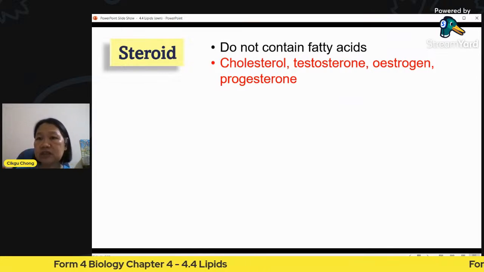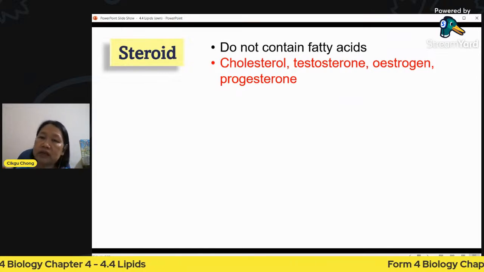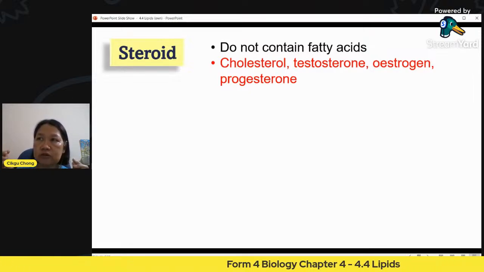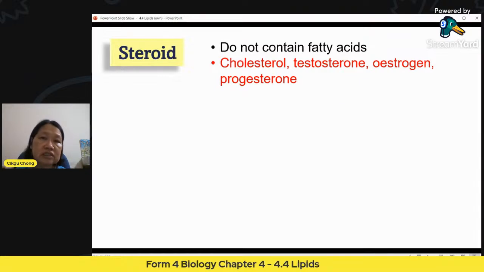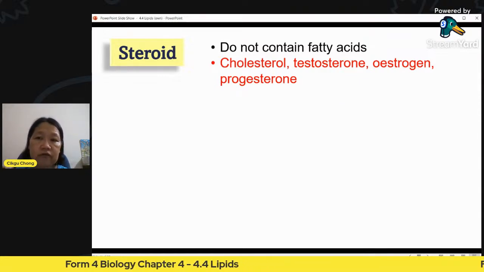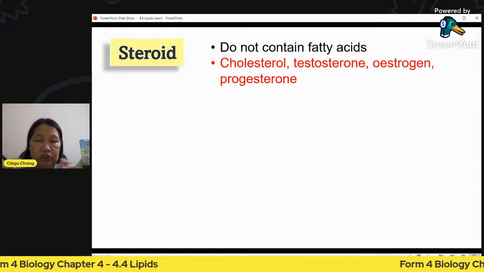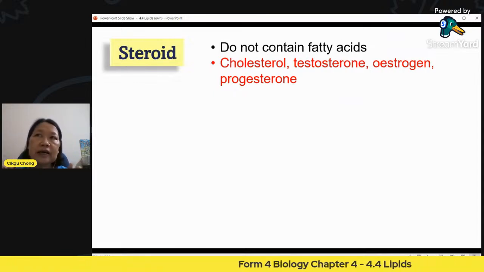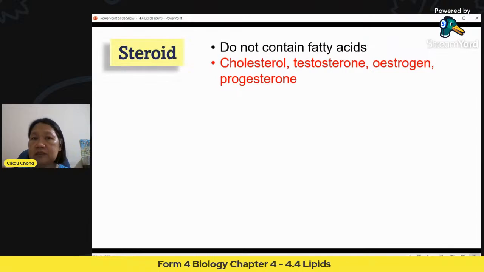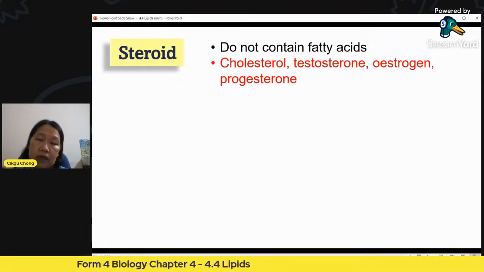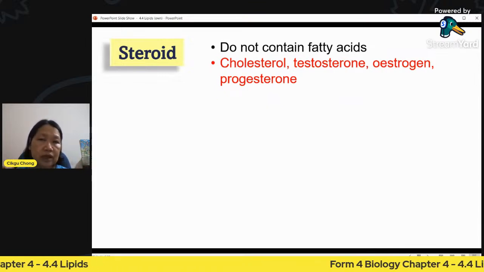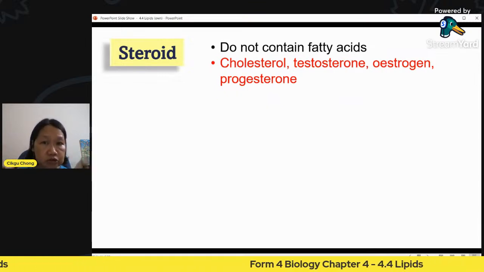Okay, estrogen, this is the female hormone that controls the formation of the uterus, the monthly period, which is the menstrual cycle. Also the formation of the endometrium, the blood vessels on the uterine wall. Then progesterone, this is the hormone that maintains the lining of blood in the uterus.